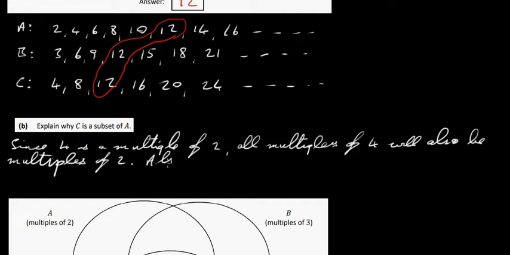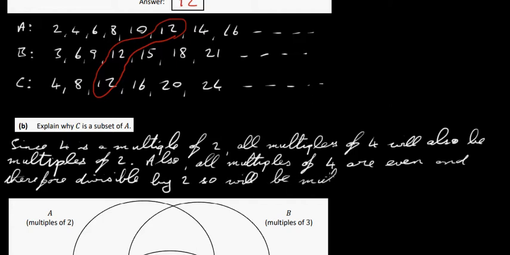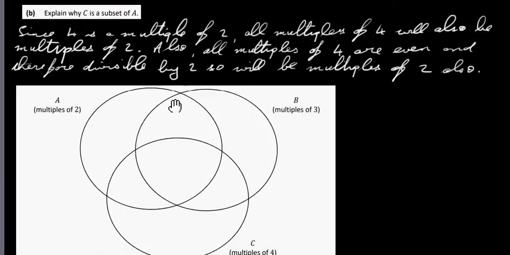You could also say all multiples of 4 are even, and therefore divisible by 2, so will be multiples of 2 also. Okay, so that's it for part B really.